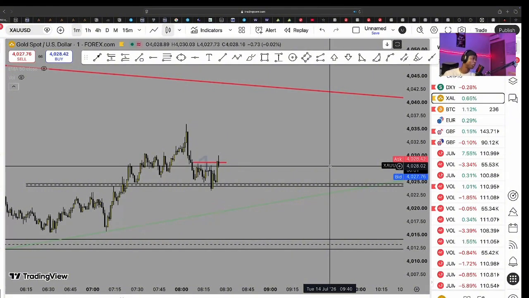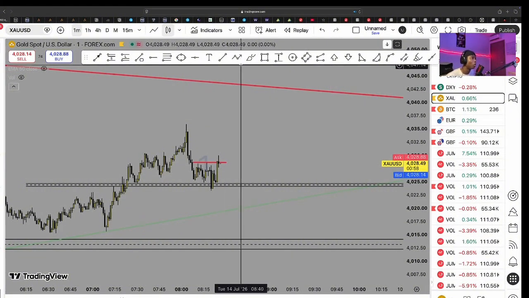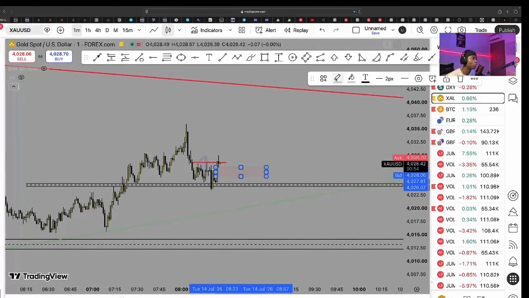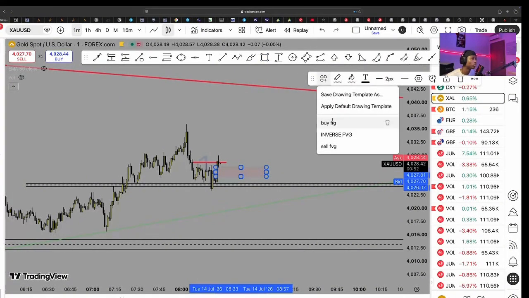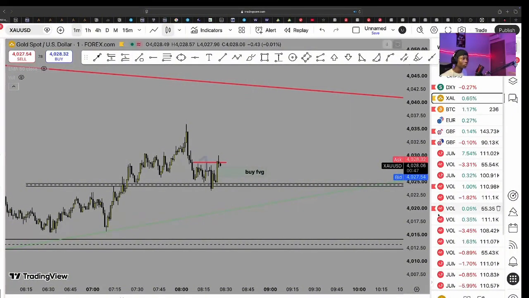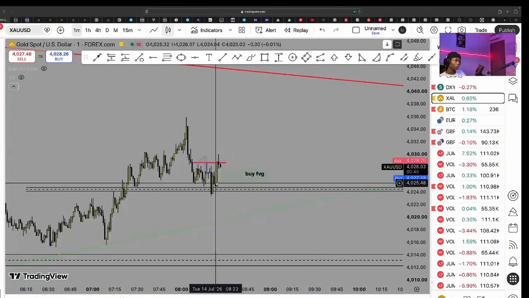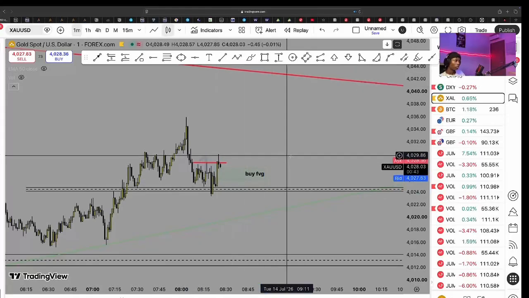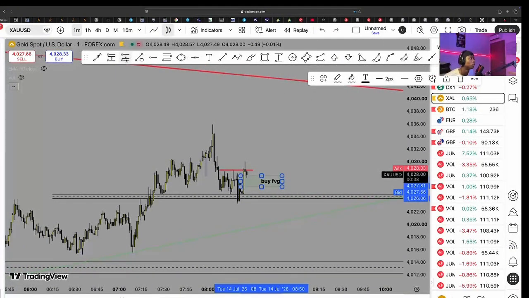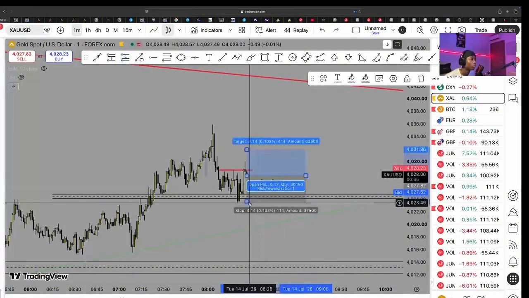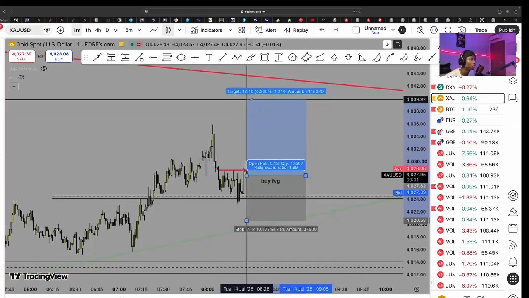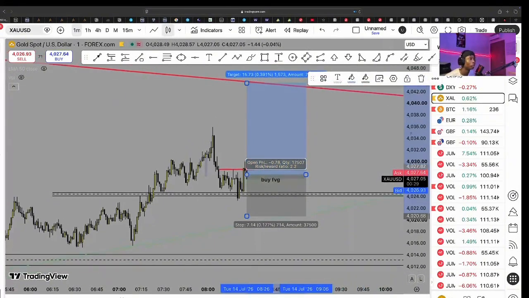So, guys, using the price action plus the news, I think we have a buy imbalance at this point on the 1 minute. So this buy imbalance might just be our entry point and our stop loss slightly below, and this will be our target for the buy.